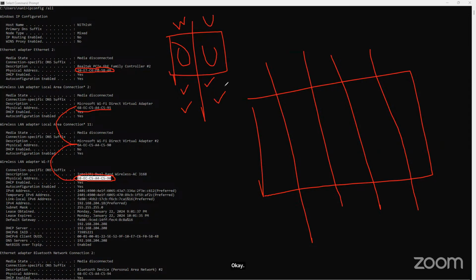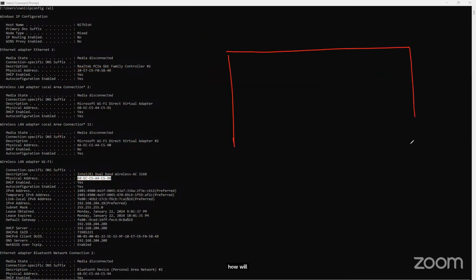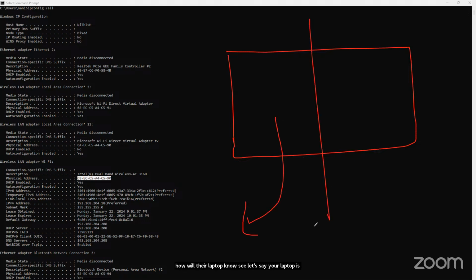So we have to use a different one for each operating system. Exactly, because otherwise, how will the laptop know? Let's say you are sending some traffic from your Windows operating system and some traffic from Ubuntu, and a reply comes back. How does the laptop know whether it has to go to Windows or to Ubuntu if both of them are using the same MAC address?